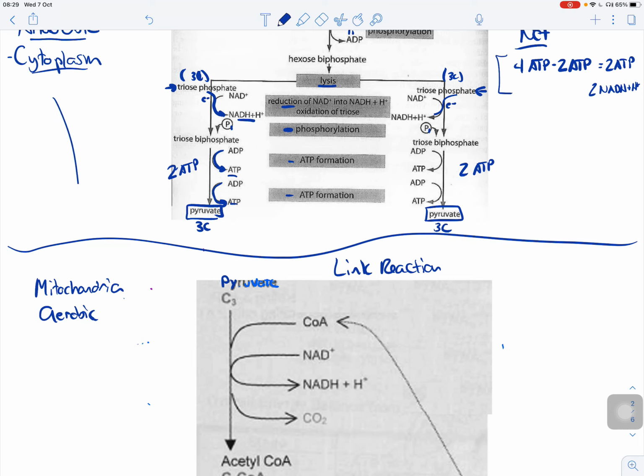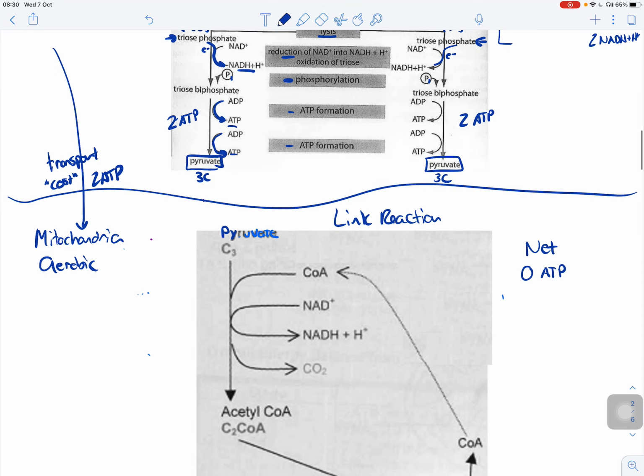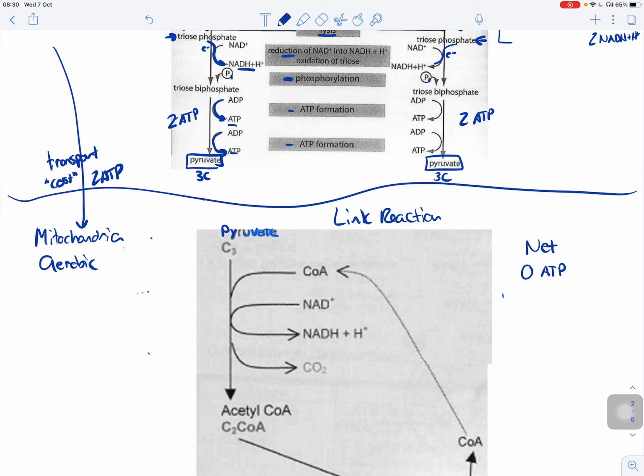So to go from the cytoplasm to the mitochondria, right, the transport cost is 2 ATP molecules. There's ways it can get into the mitochondria, but for IB land, we're going to call it 2 ATP molecules. So remember, we had 2 extra here. So our net total here is 0 ATP molecules because we had to spend 2 for the transport cost.